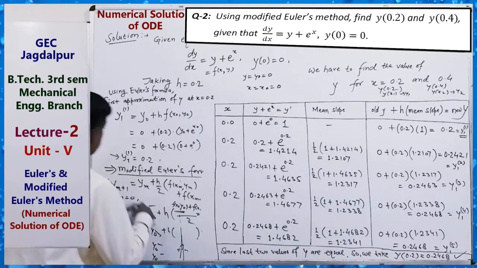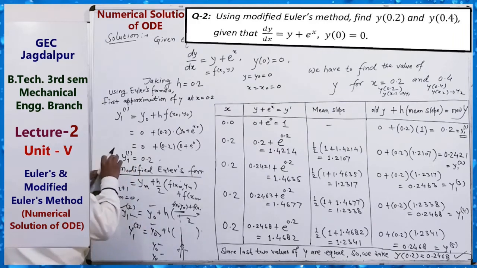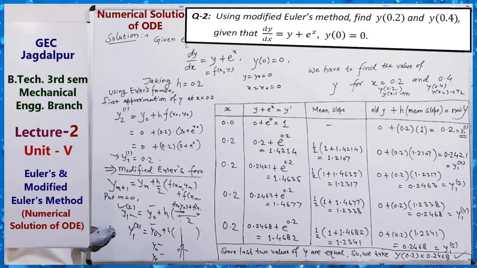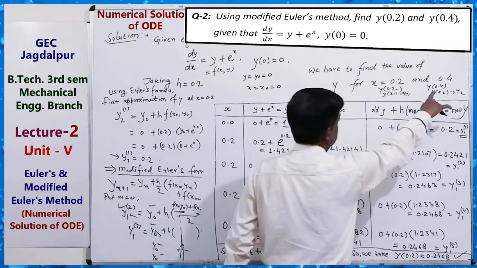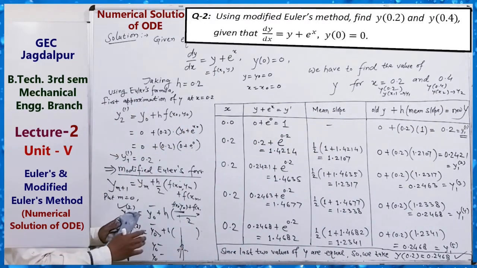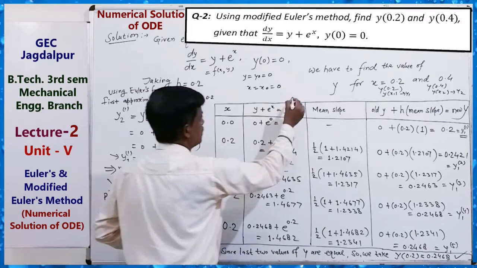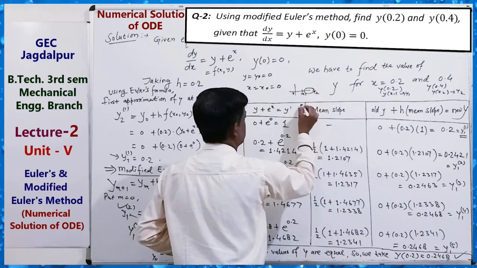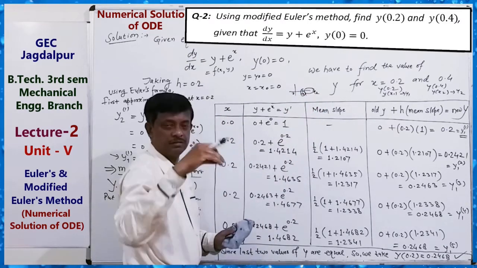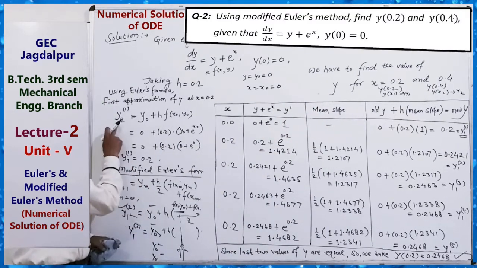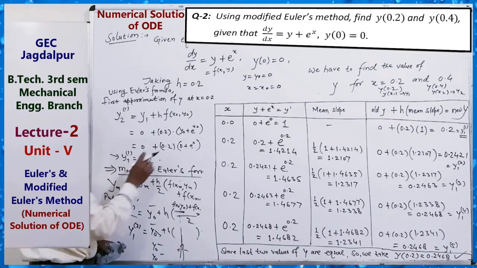Okay. So now for the second, using Euler's formula for y2, this is for 0.4, for the next interval. We start from, just two intervals are there, 0, x1, x2. Now this interval, this will be the first value. So here y2, then here y1.